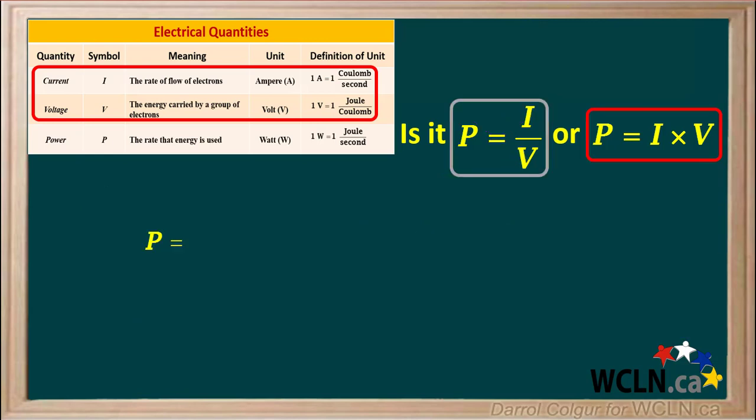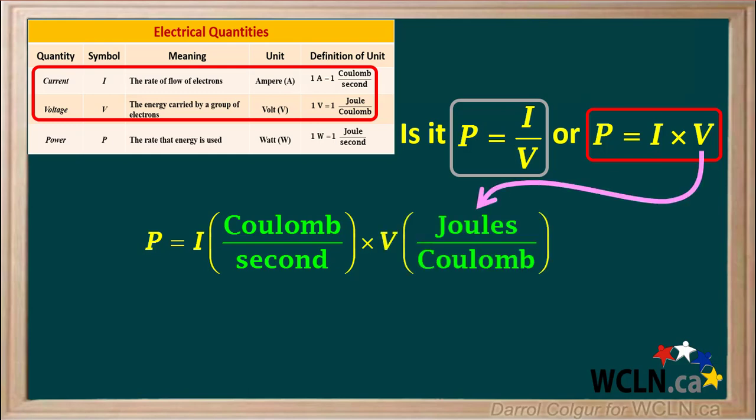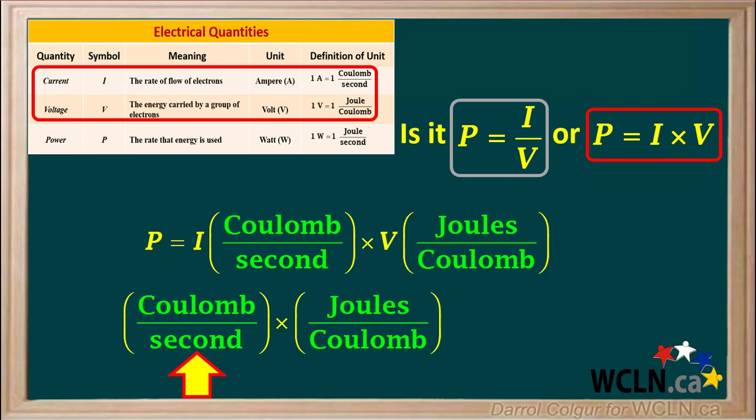Using the second formula, P equals I times V, we get P equals I in coulombs per second times V, which is in joules per coulomb. This time we multiply the units coulombs per second times joules per coulomb.